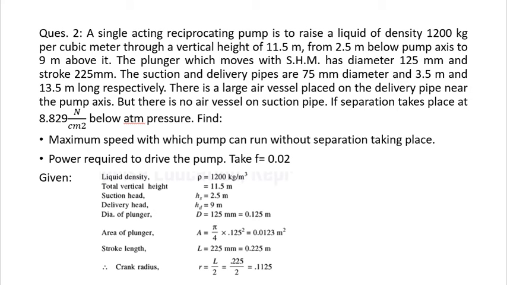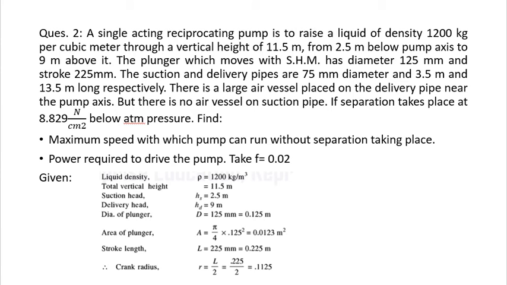The suction and delivery pipes are 75 mm diameter and 3.5 meter and 13.5 meter long respectively. There is a large air vessel placed on the delivery pipe near the pump axis, but there is no vessel on the suction pipe. If separation takes place at 8.829 Newton per centimeter square below atmospheric pressure, find first, the maximum speed with which the pump can run without separation taking place, and second, the power required to drive the pump. Coefficient of friction is 0.02.